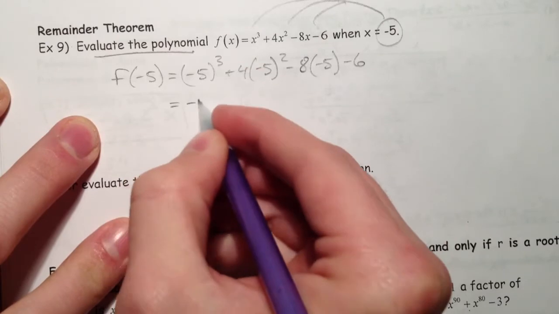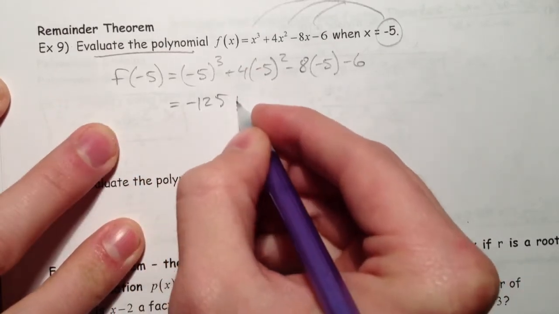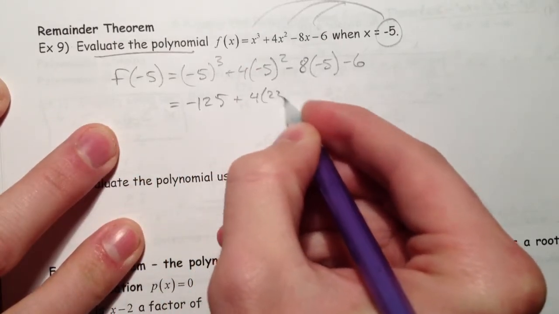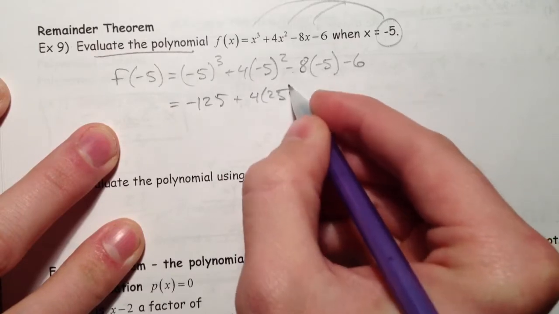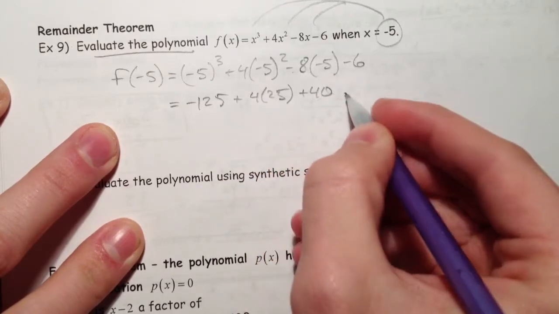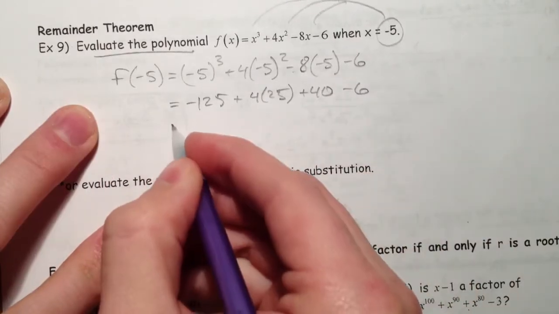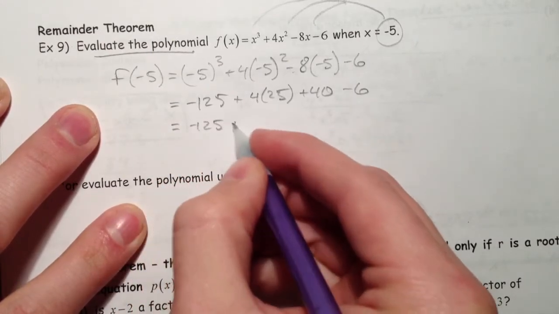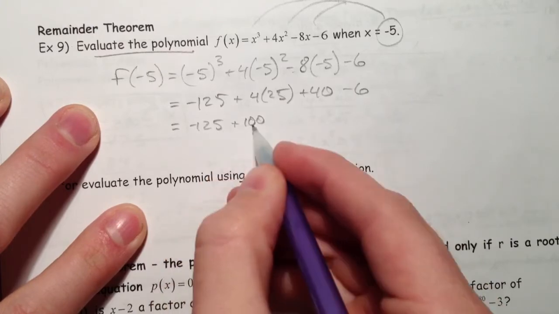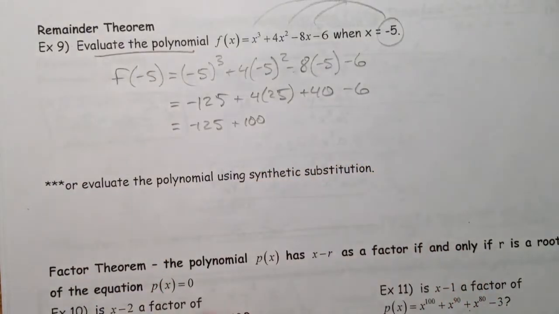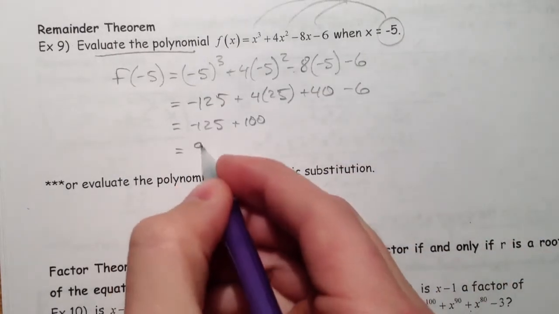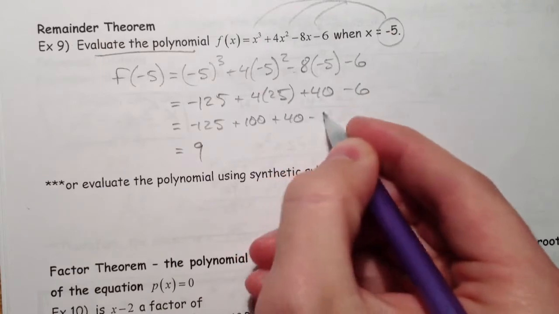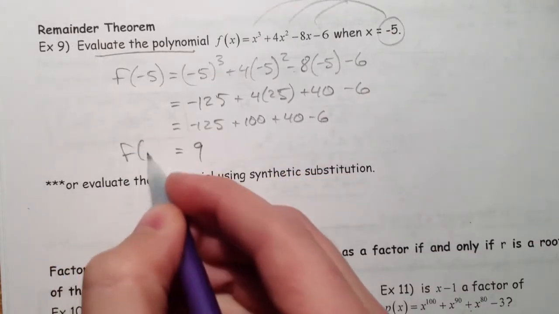So that's negative 125 plus 4 times 25, that's plus 100, minus 6. So that's negative 125 plus 100, negative 25. So you get 9. So f of negative 5 is 9.